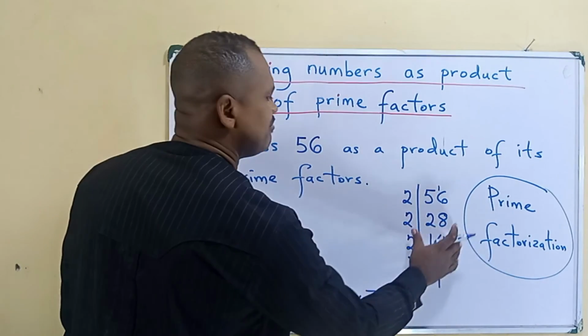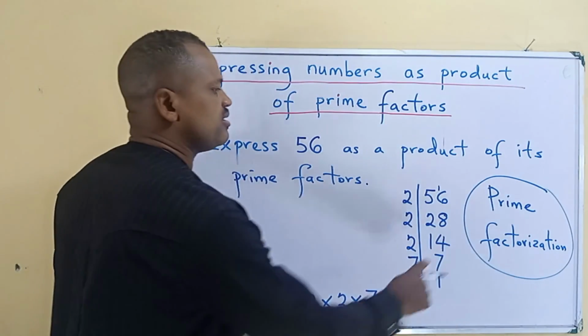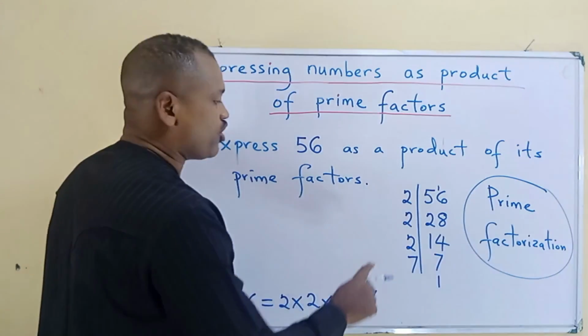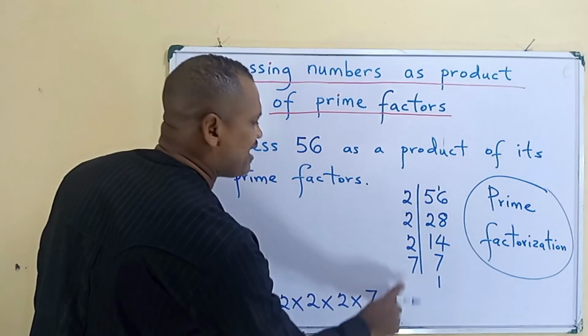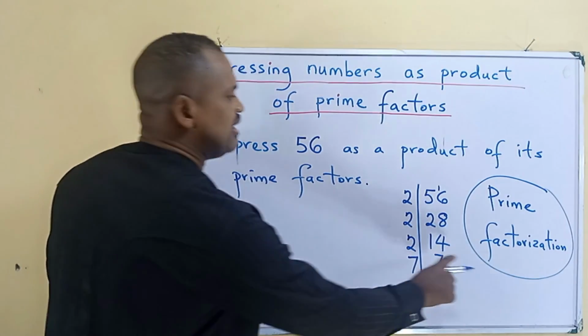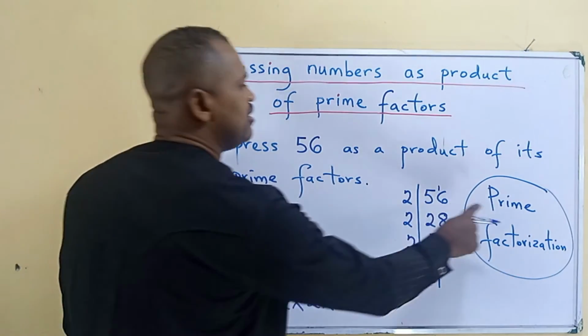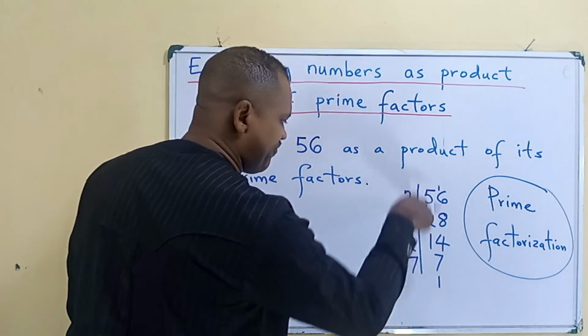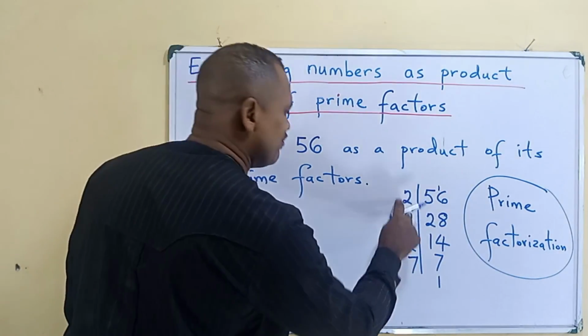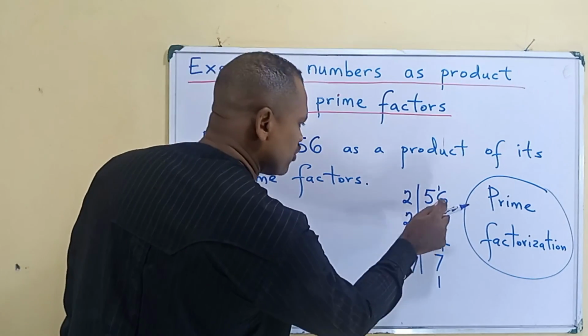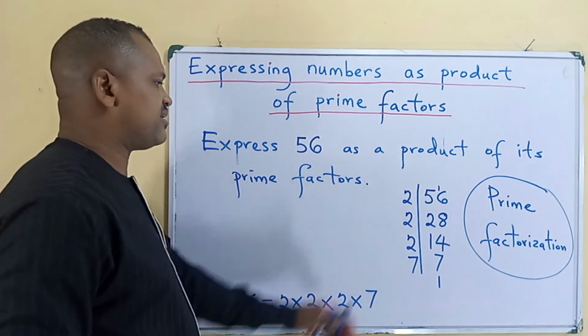It's called prime factorization method because all the numbers here must be prime numbers, and they're also factors of the number. So that's how we get the name prime factorization, using prime numbers that are factors of this number.